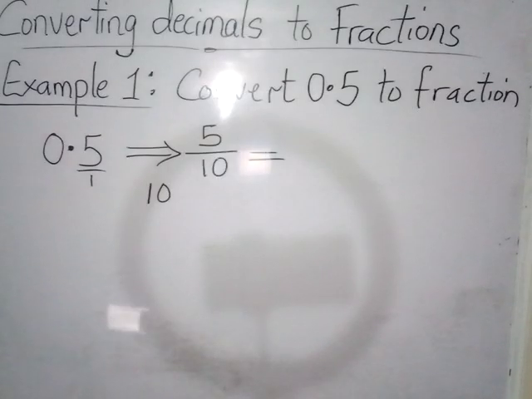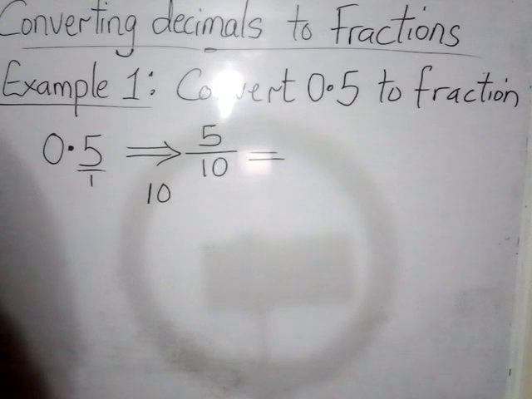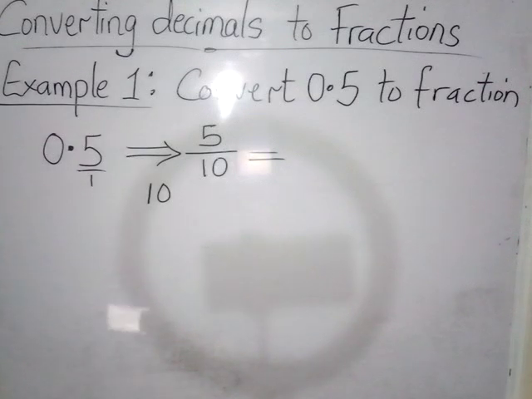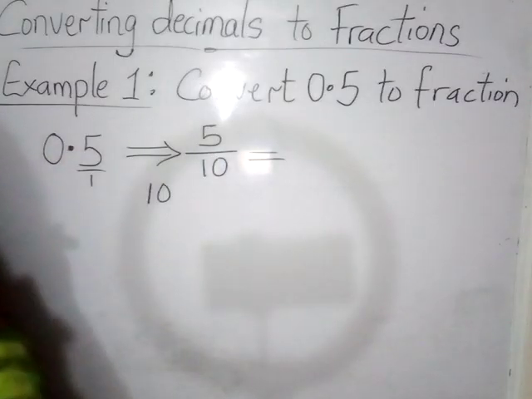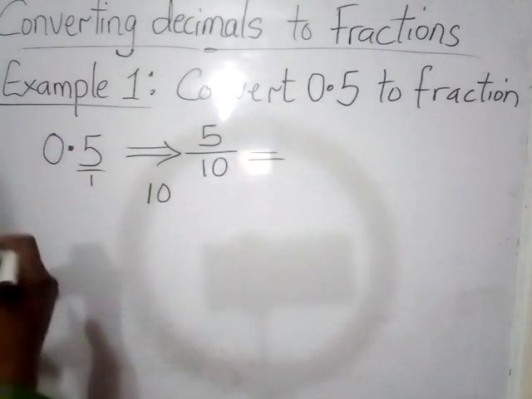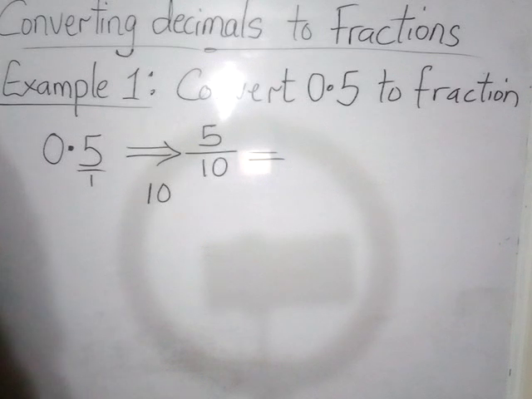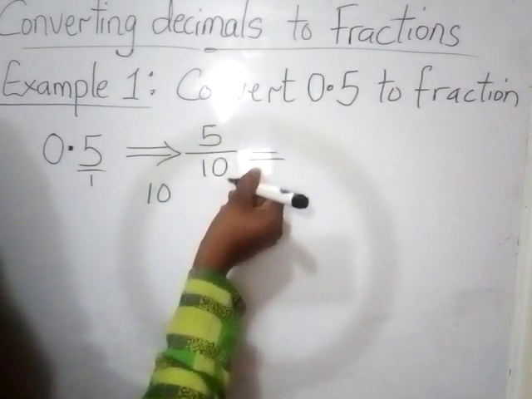Now remember what the last rule says. A fraction has already emerged. We can already see a fraction, so what do we do? We simplify. A fraction has been created, so the last step is to simplify this. This number here is 5 and this is 10.